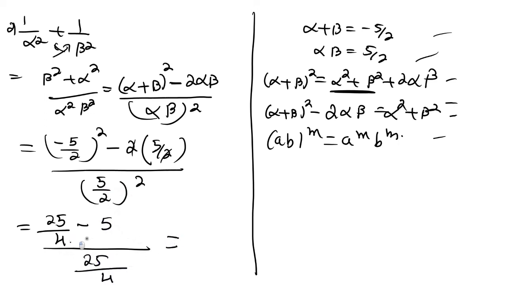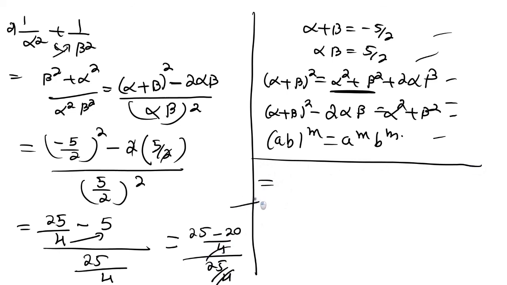Simplify this one, take LCM. You will get 25 minus 20 by 4, the whole thing divided by 25 by 4. 4 cancels. Numerator 25 minus 20 is 5 divided by 25, so the answer is 1 by 5. So remember, alpha square plus beta square divided by alpha beta whole square is equal to 1 by 5.